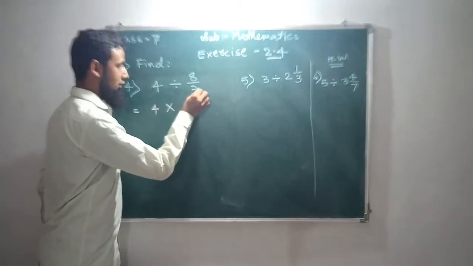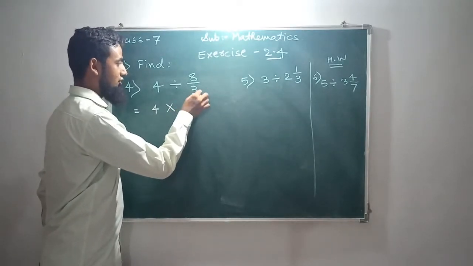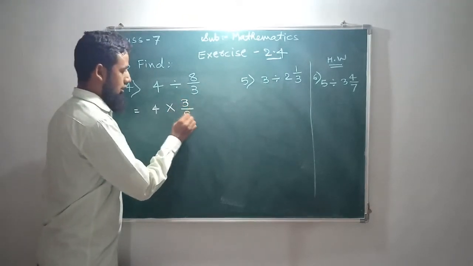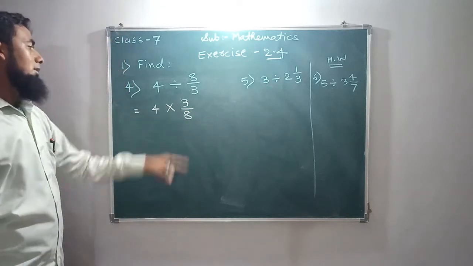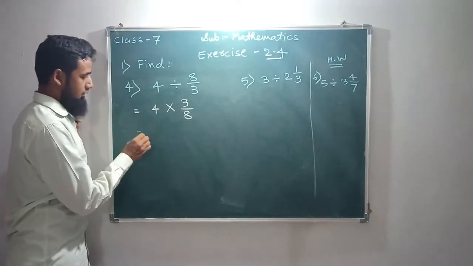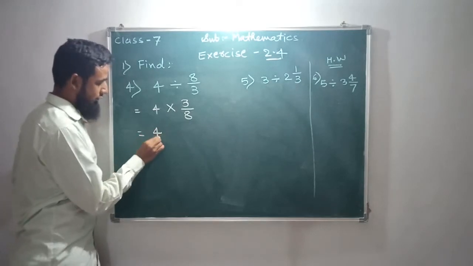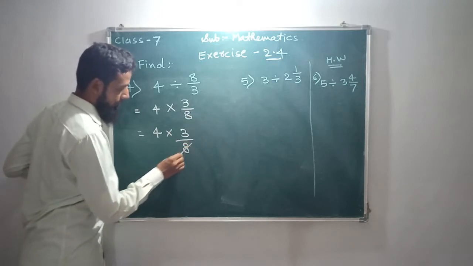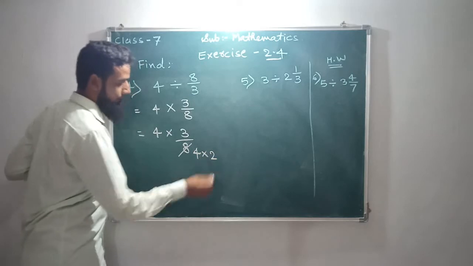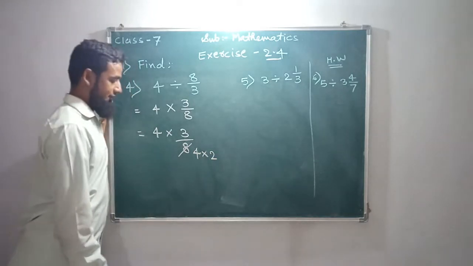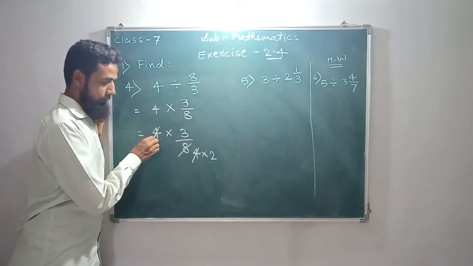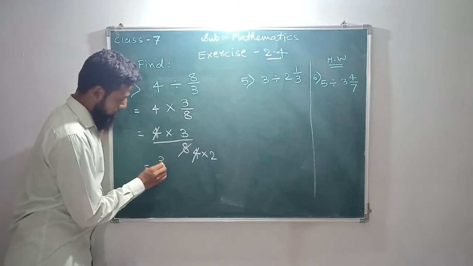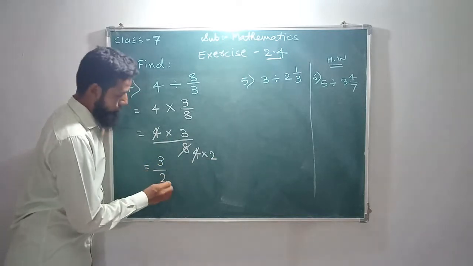So 3 upon 8, 4 multiplied by 3 upon 8. Now my dear students, look at this side. Can I write 8 instead of 4 multiplied by 2? Yes or no? Yes. So this 4 and this 4 will be cut. And the remaining number is 1 times 3, 3 upon 2.